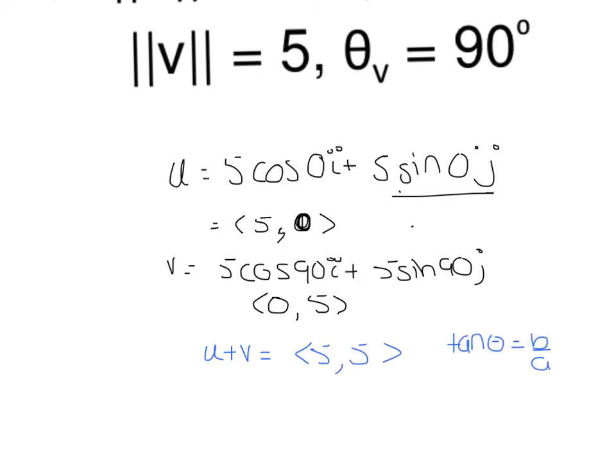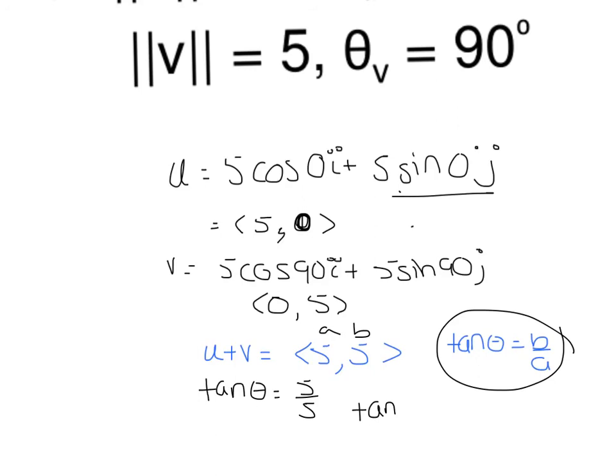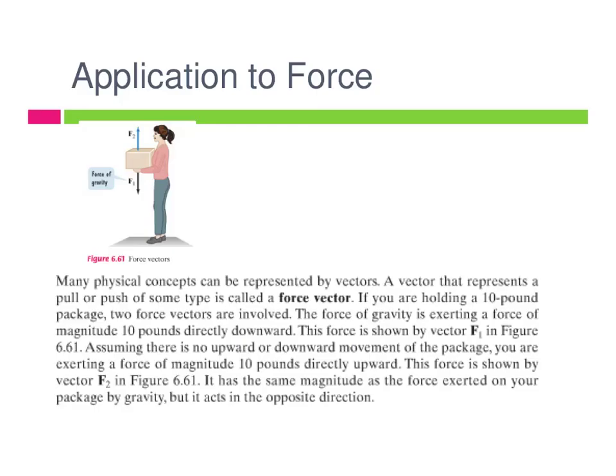The instructions also mention to find the resultant angle. This is the formula that we use: tan theta equals b over a, so 5 over 5. So tan theta equals 1, and I know that at 45 degrees, tangent is 1. So that's our answer.